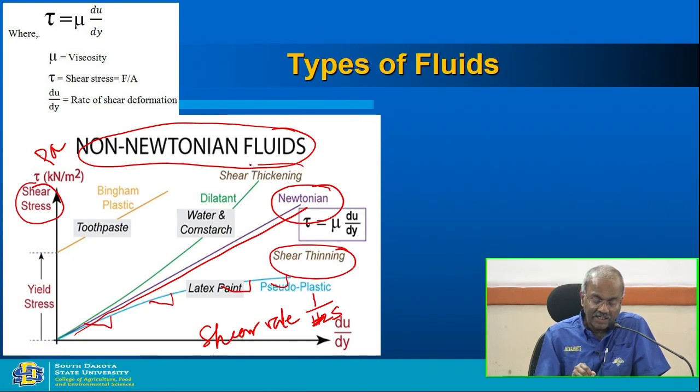Shear thickening, on the other hand, initially it's easy to shear, but as you keep increasing the shear rate, it will be harder to shear, and that's called shear thickening. For example, shear thinning fluids are orange juice concentrate, mayonnaise, and then shear thickening fluid, their example is cornstarch and water suspension.